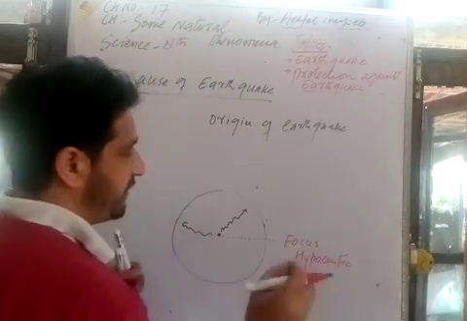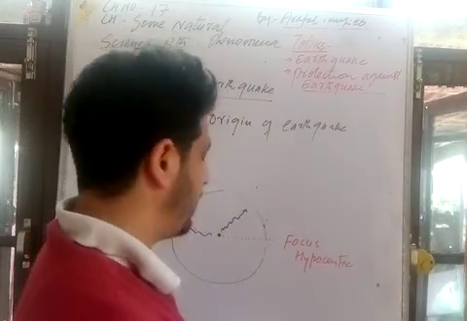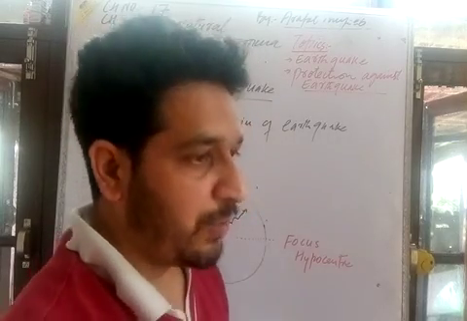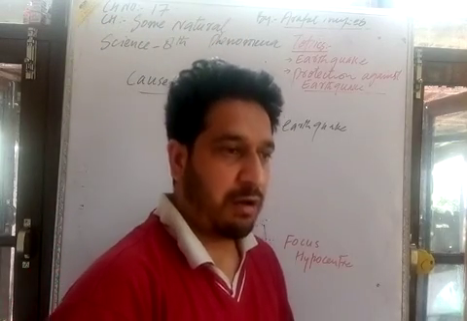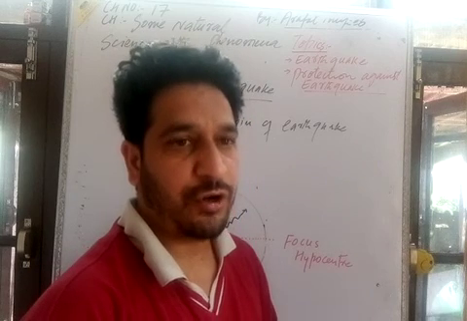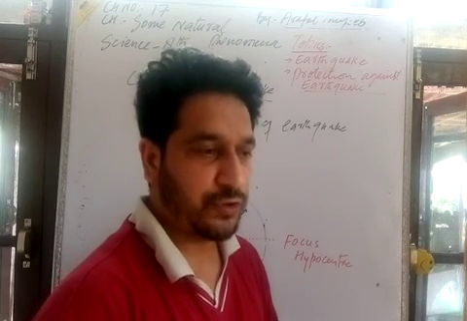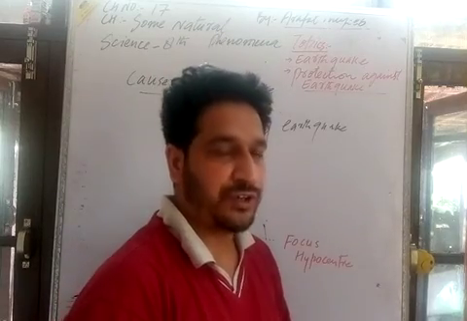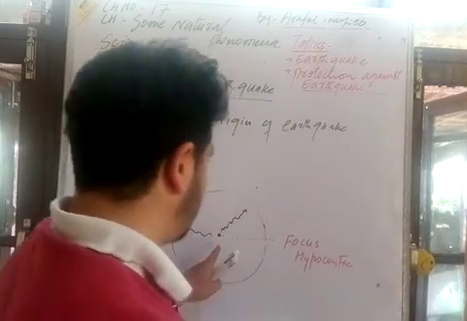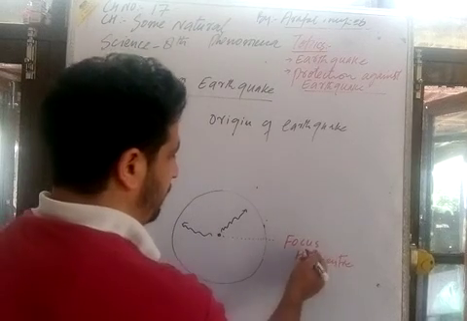Hypocenter is a place deep inside of the earth where the earthquake waves originate. It produces waves with much more strength at the center, and this is known as the hypocenter or focus.